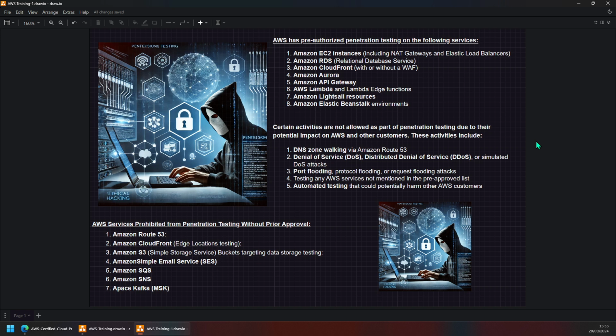The AWS Shield Standard is already enabled, so you don't really have to worry about enabling it. But if your website is prone to attack, as we have already discussed, it's always recommended to go for Shield Advanced. That's something I'm going to suggest.